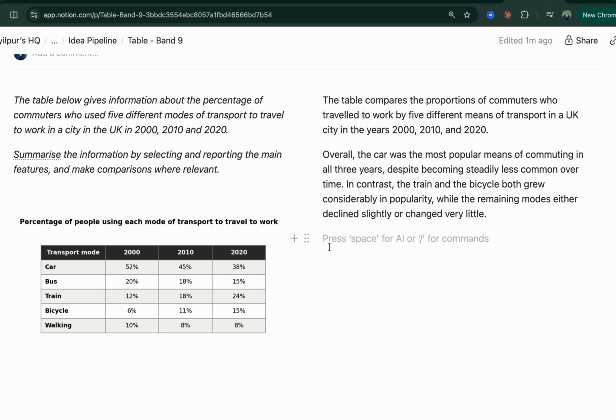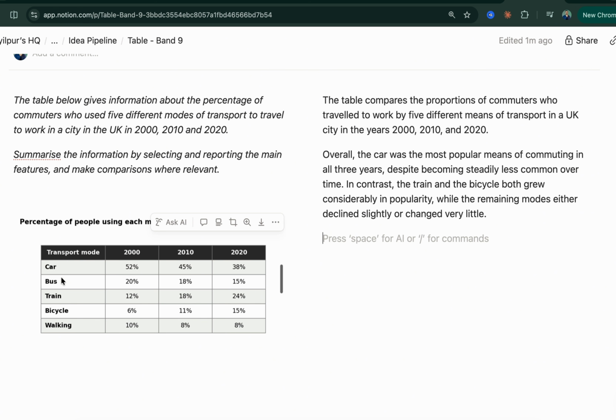Now, when we look at the table, what we see is that there are 2 patterns that we can obviously see. One is a decreasing pattern, the modes that lost their share over the years, whereas the other one is an increasing trend.